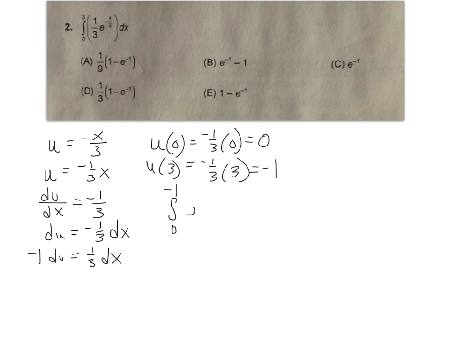And now I have e to the u power. 1/3 dx is coming out, and negative 1 du is going in its place. So I'm going to flip-flop my limits: put the little one on bottom and the big one on top and put a negative out in front.